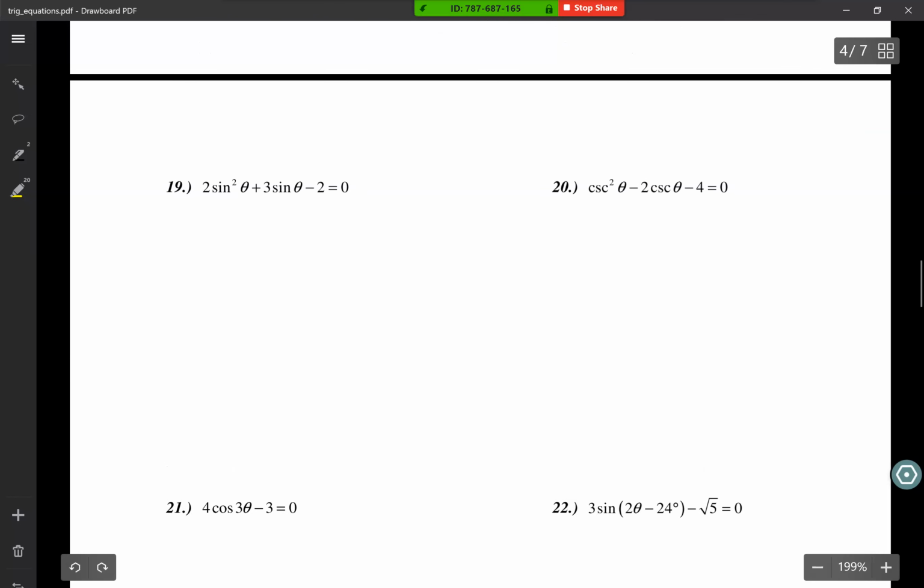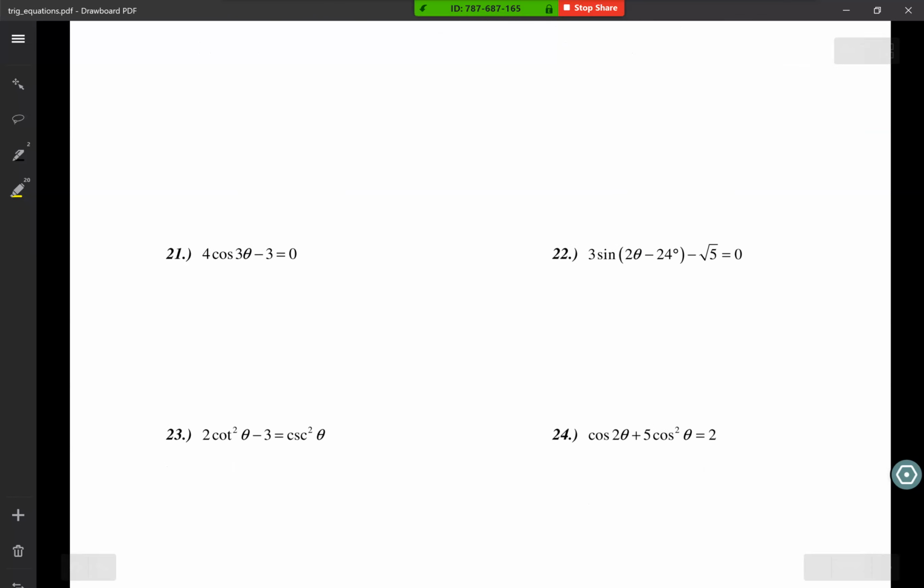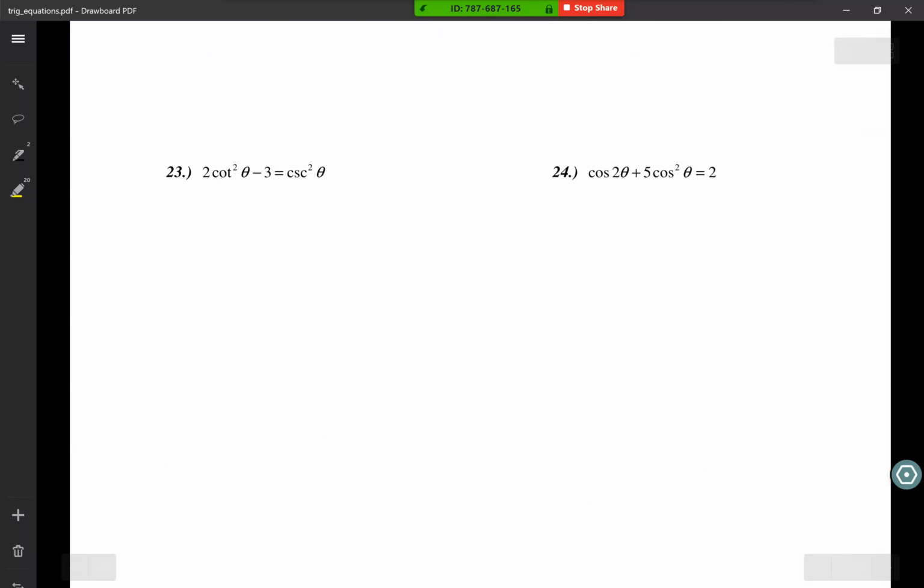I want to use an identity first. Let's look at 23 here. Notice that we've got a cotangent squared and a cosecant squared.